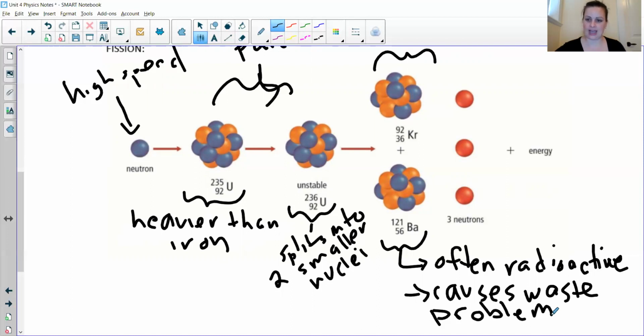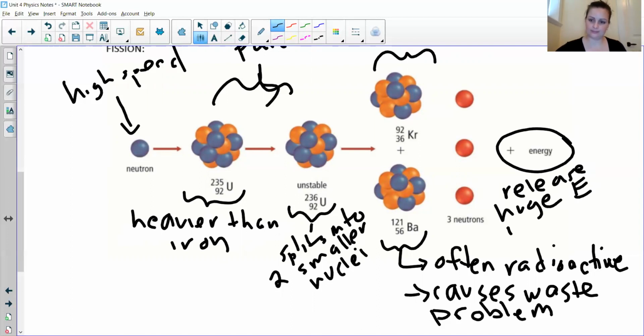So this reaction, the whole reason we use it is it releases a whole bunch of energy when the nucleus splits.